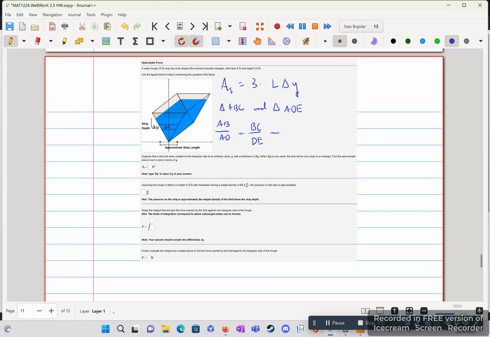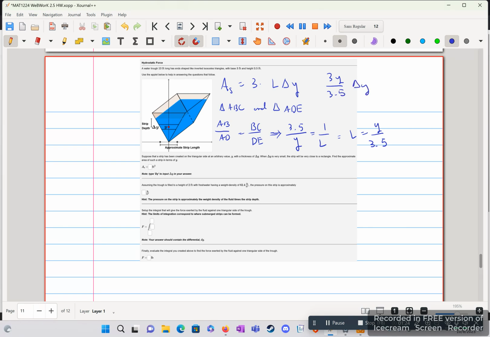That is going to equal height of 3.5 over an unknown y equals 1 over L. And that is just going to be, flip that, we have L equal to y over 3.5. And we plug that back in, we have 3y over 3.5 del y.